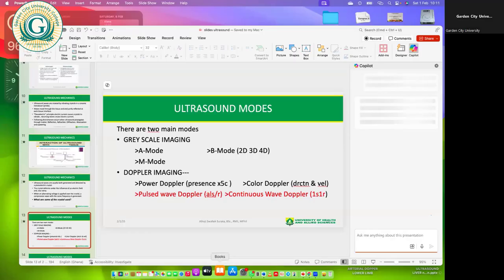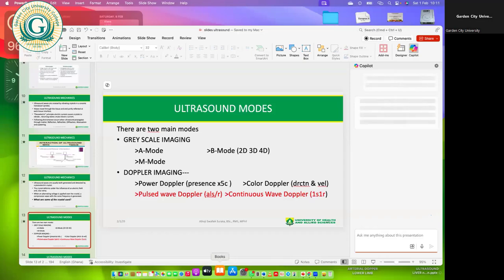Don't worry. When we are having our practical sessions, we'll have more hands-on for you to understand all of these terminologies much more easily. Okay. So the M mode is a function, just as we have said, and it allows you to record activity.